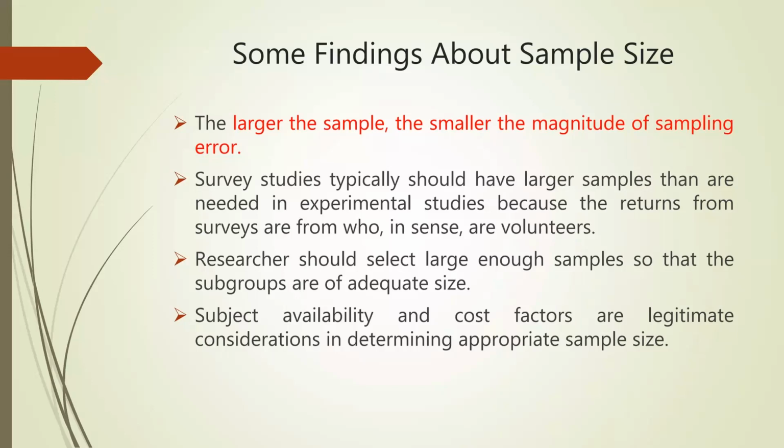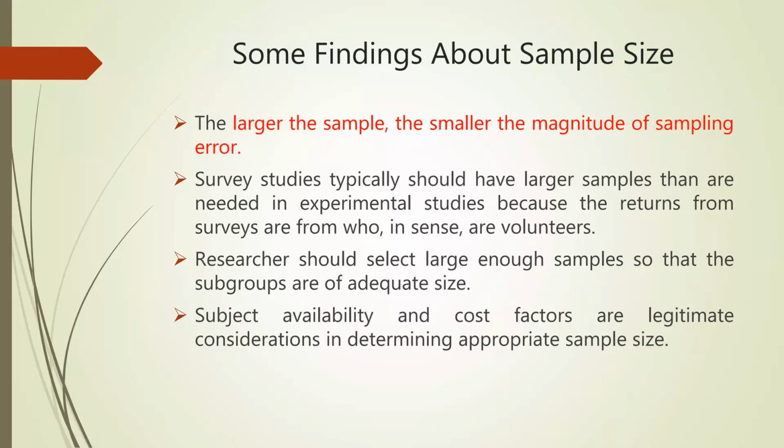So in that case, it is always better to have a larger number of people. Researchers should select a large number of samples, so that subgroups of adequate size can be made, which we have already seen. Then subject availability and cost factor are legitimate considerations in determining the appropriate sample size. On what subject are you going to work, and accordingly what samples are available?